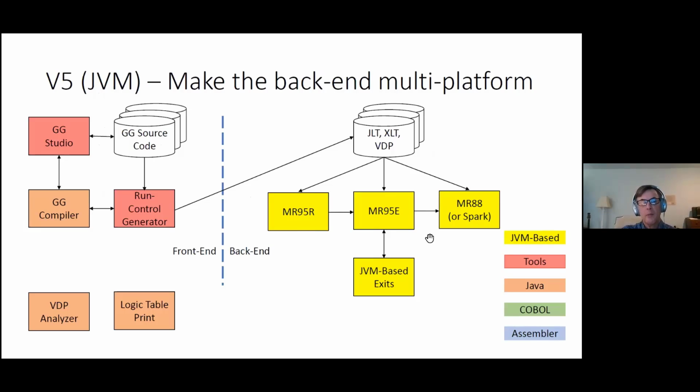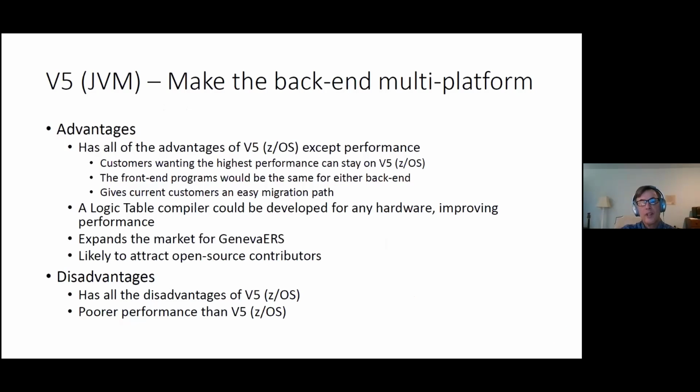So we could maintain the same front end, different backends depending on your choice of platform. And we're thinking that this alternate backend would have the same advantages as the z/OS backend, except it probably wouldn't run as fast or as efficiently, but some people would prefer to have the option of switching to different platforms. And it also might be more attractive to open source contributors.